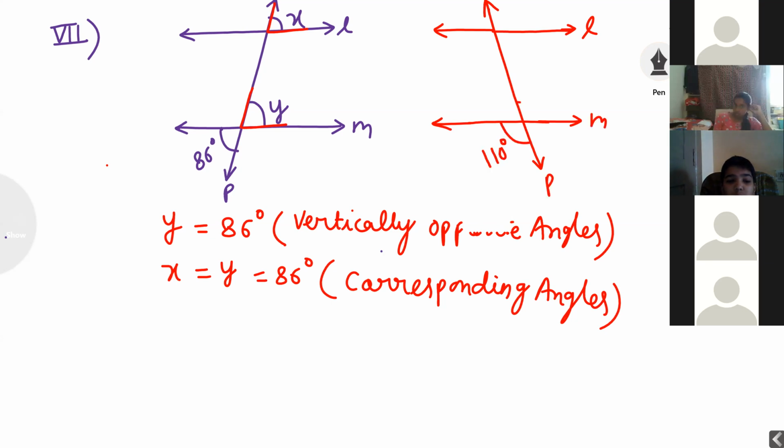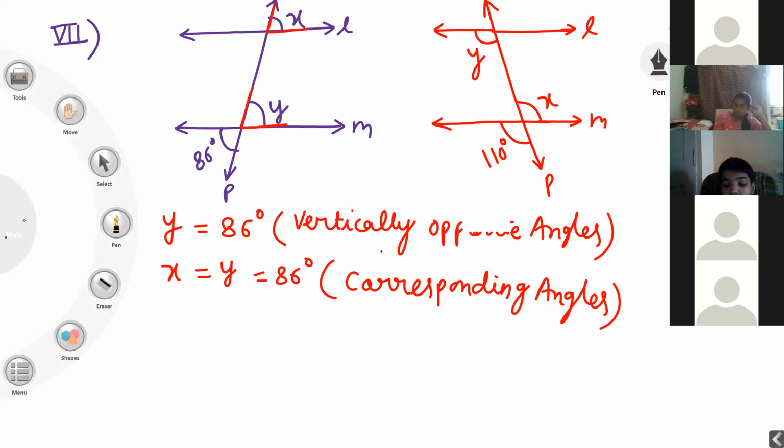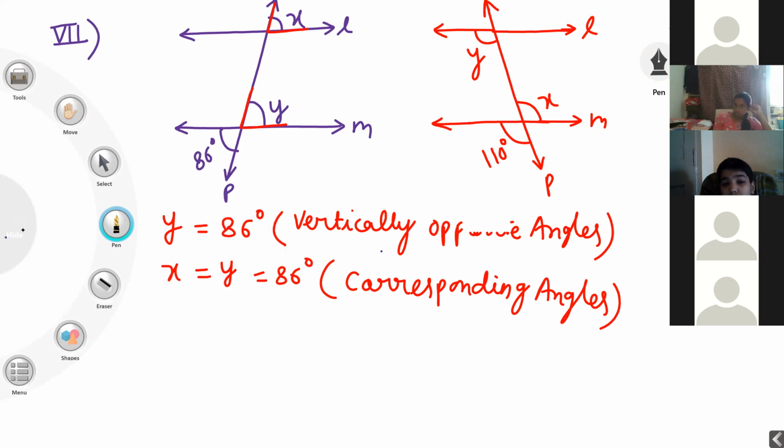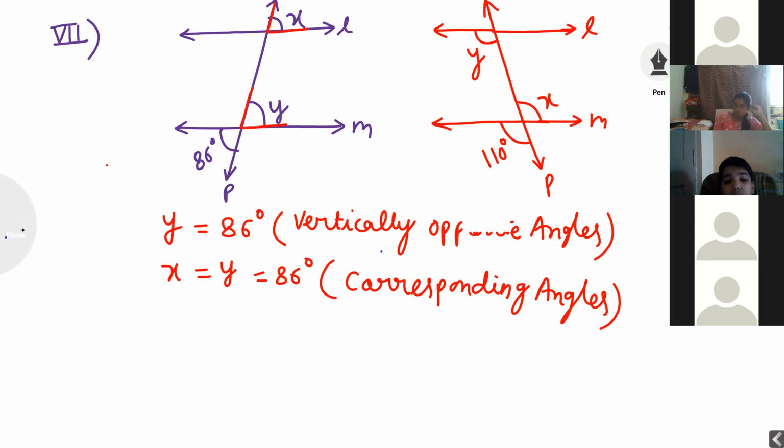This angle is X and this is Y. Now again concentrate here. 110 degree is opposite to angle X. I can say X is equal to 110 degree, Y vertically opposite angle. This is the answer.